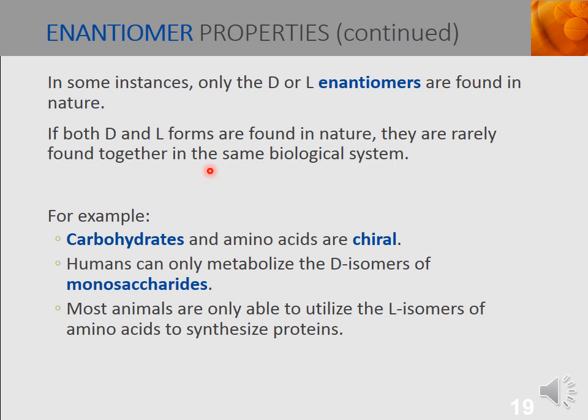For example, carbohydrates and amino acids are chiral. Humans can only metabolize the D isomers of monosaccharides. This is the point you have to understand: humans can only metabolize the D isomers of monosaccharides.